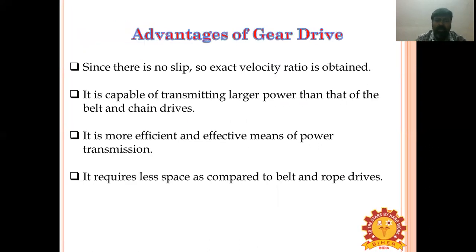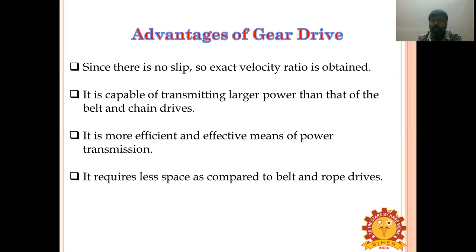What are the advantages of gear drive? Since there is no slip, an exact velocity ratio can be obtained. It is very much capable of transmitting larger power than belt and chain drives. It is a more efficient and effective means of power transmission.